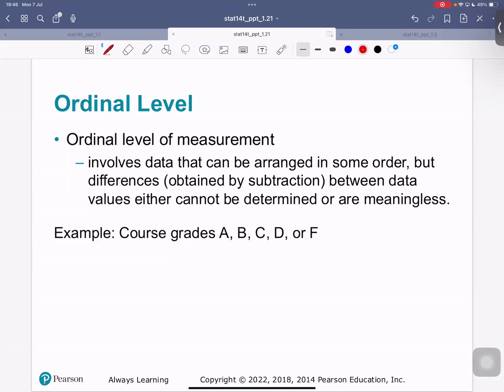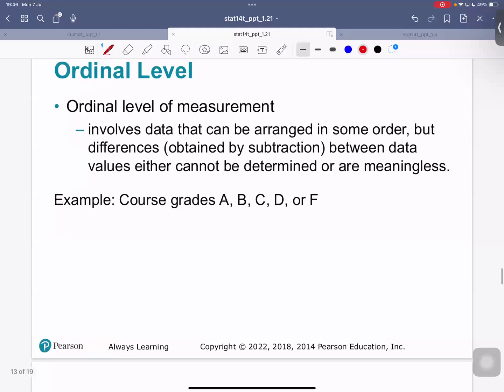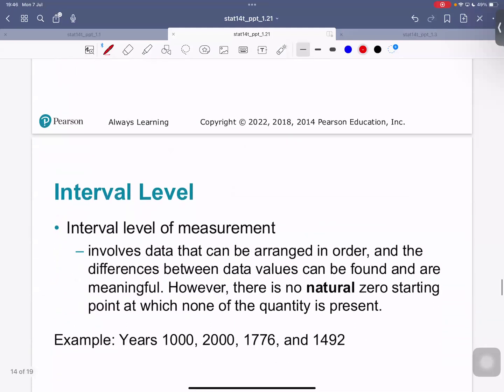And the differences between those grade values either cannot be determined or are meaningless. Of course, because if you try to find the difference between A and B, we cannot find it. Do you agree with that? So it satisfies the definition of the ordinal level.